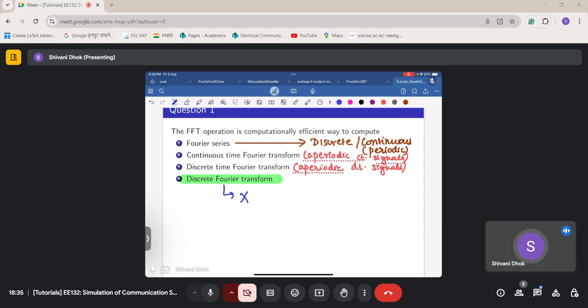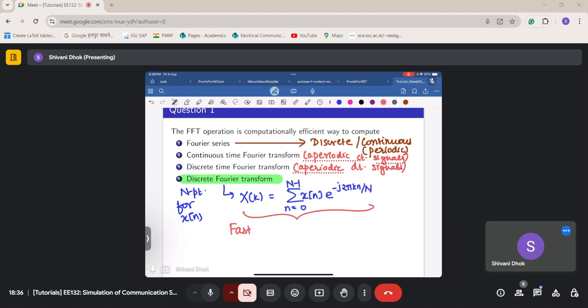For a signal x, the N point DFT is X of k, which is equal to the summation with n running from 0 to N minus 1 of x of n into e power minus j 2 pi k n by N. And this is the discrete Fourier transform, and a faster way to implement this is FFT, and it takes order of N log N computational complexity, which is the best we can achieve.